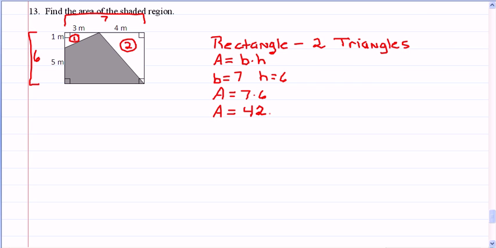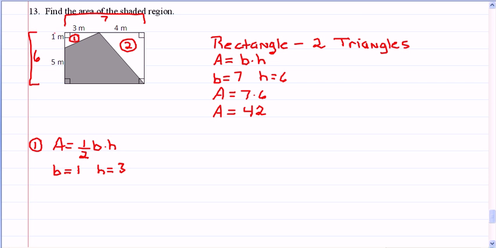So from this 42, we have to subtract the area of two triangles. So let's start down here with triangle 1. The formula for the area of a triangle is 1/2 base times height. The base of triangle 1 is equal to 1, and the height of triangle 1 is equal to 3.